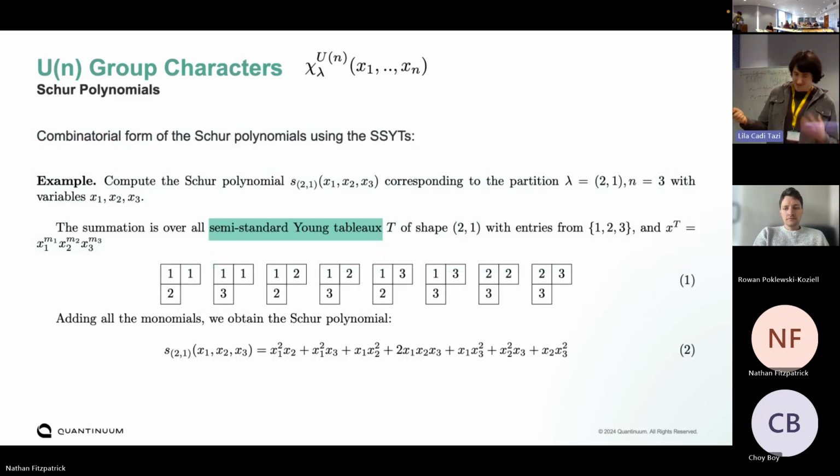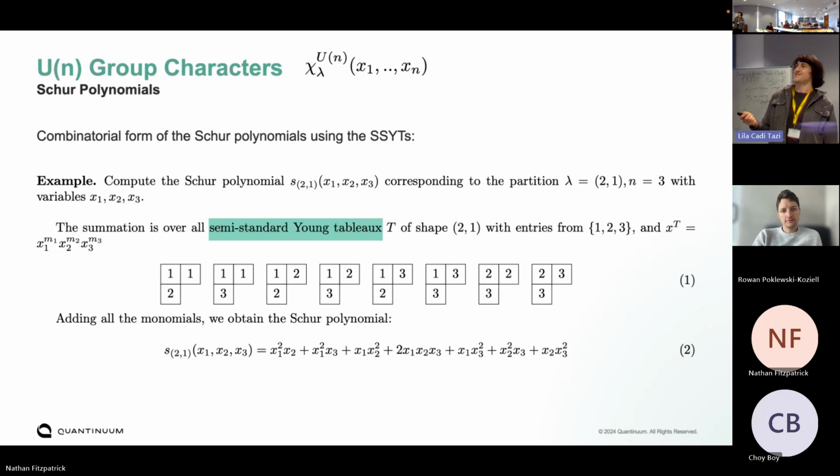The thing that's really nice is we showed the isomorphism between this form and the previous equation in the paper. We said before that the irreps of the unitary group are characterized by these Young diagrams, these partitions.